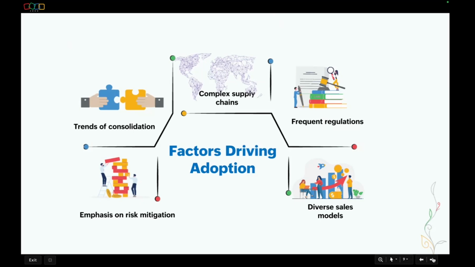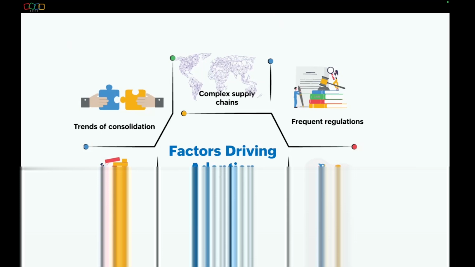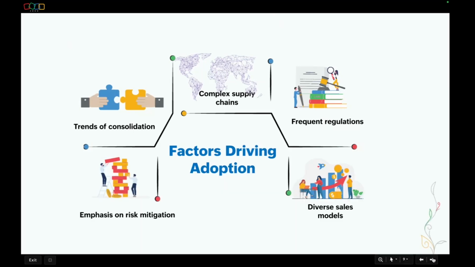And then when frequent regulations are cropping up, for example, be it the PDPL in Oman and the NDPA in Nigeria, and the PDPL in KSA as well, when such regulations crop up, businesses are forced to do an impact study so that they comply with that regulation.